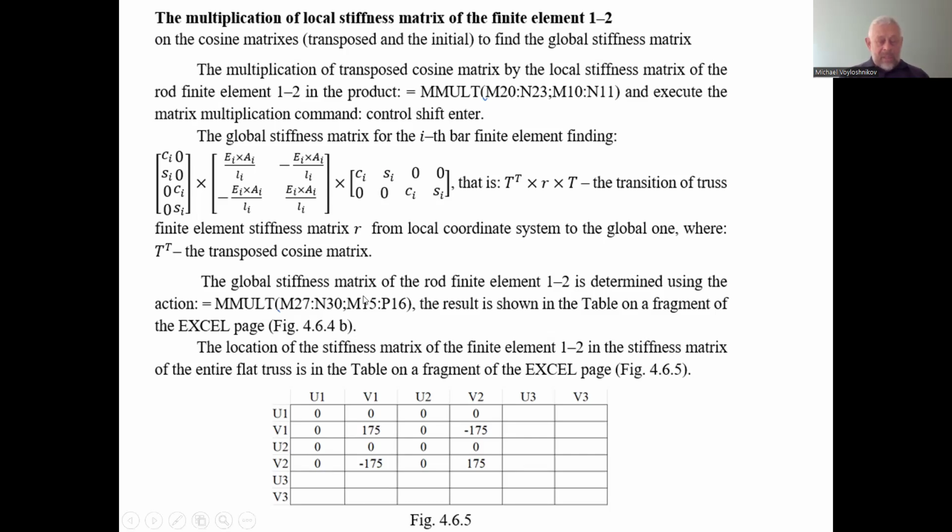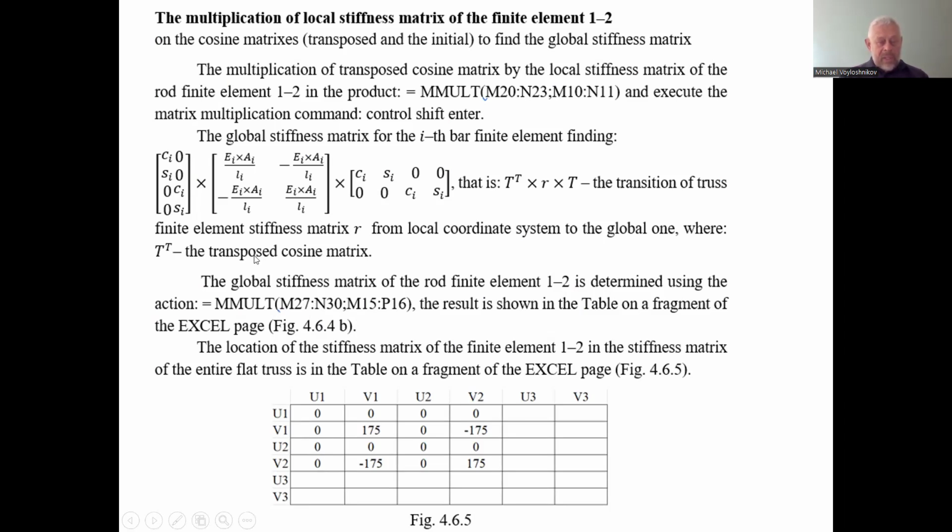In the parameters, after that we have to indicate the range of the table in Microsoft Excel from which we have to take. I'm sorry. Next, in the parameters we have to indicate the two matrices in a definite sequence which we have to multiply. This is the first matrix, this is the second matrix in the product.